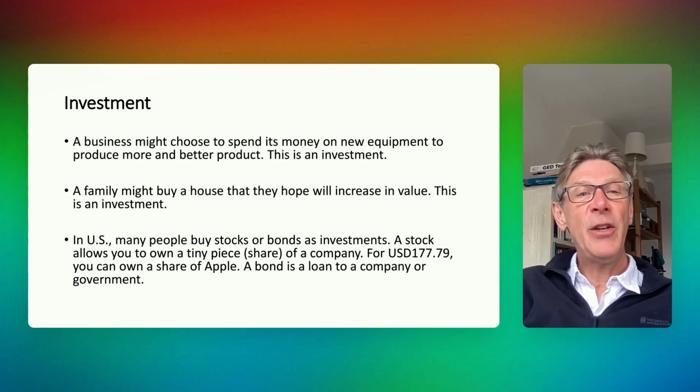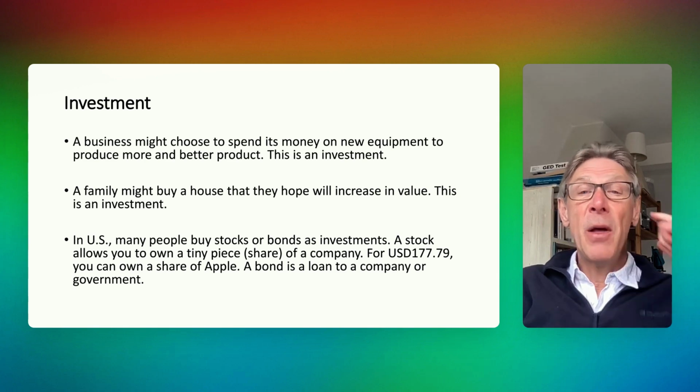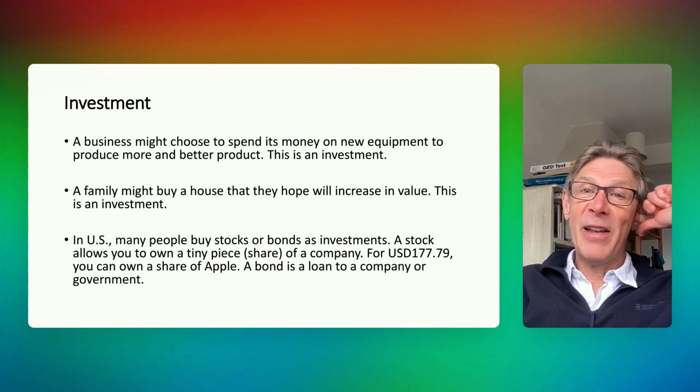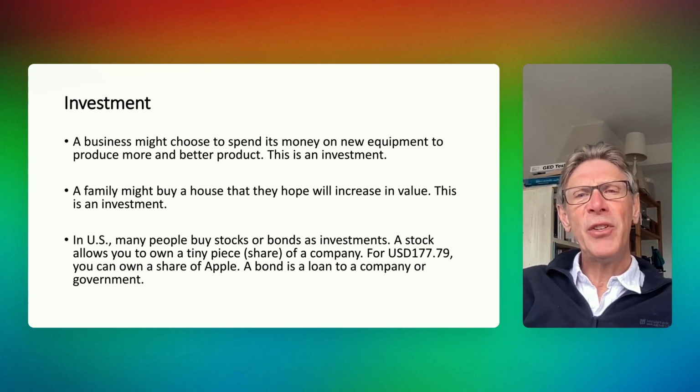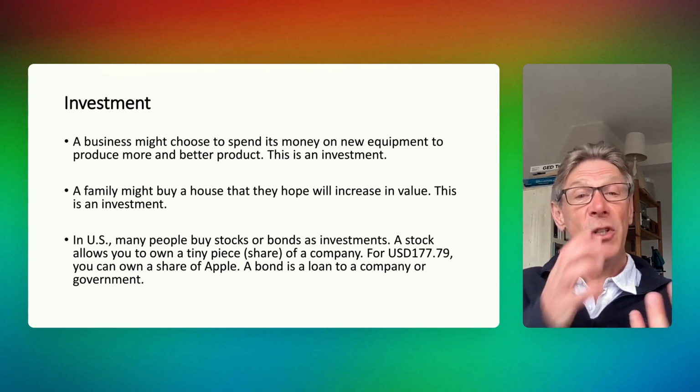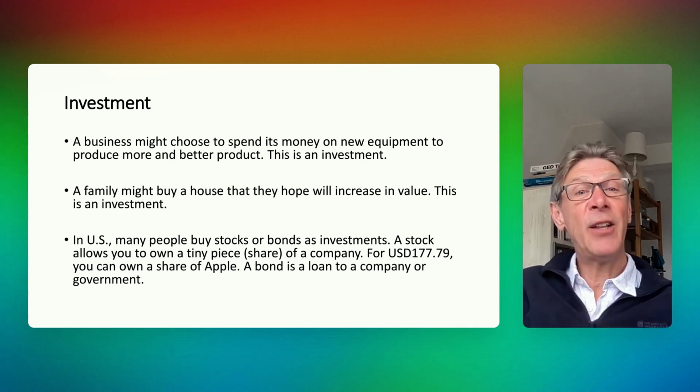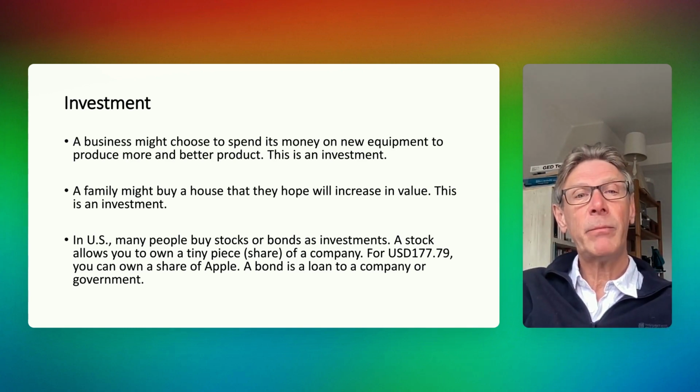You can go in and you can buy one share of Apple. And the price I've got here is $177.79. I think maybe it's changed a bit since I wrote this presentation. But once you've got that, you own a tiny little slice of the company.